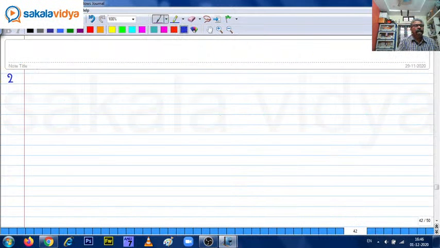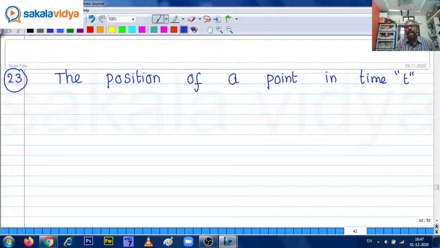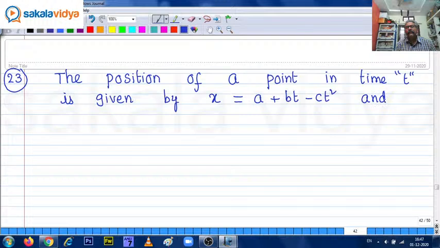23rd problem. The position of a point in time t is given by x equals a plus bt minus ct square and y equals at plus bt square.